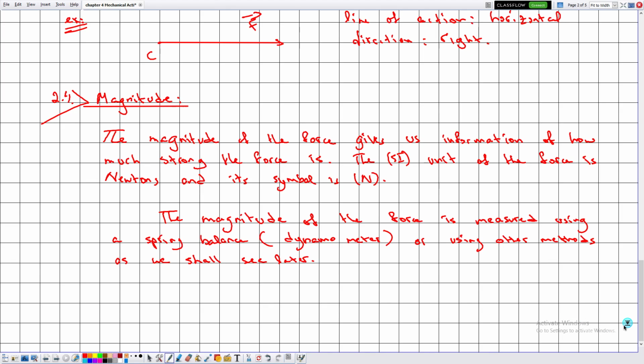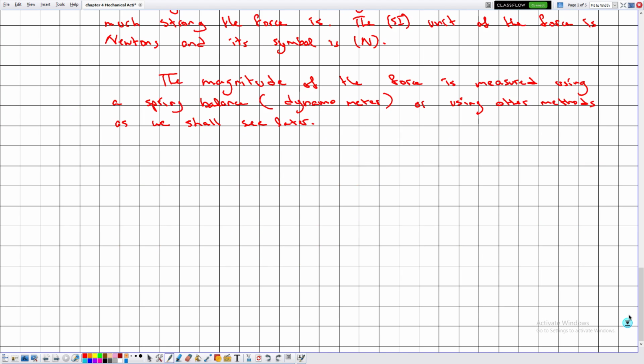Therefore, now let's consider the following examples. So let me say example number 1. Suppose that we have the following force.